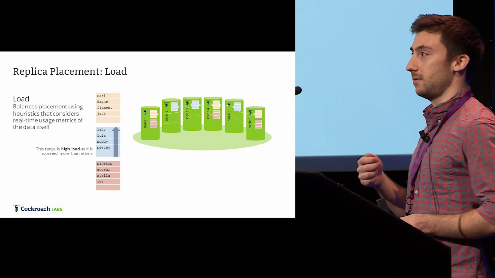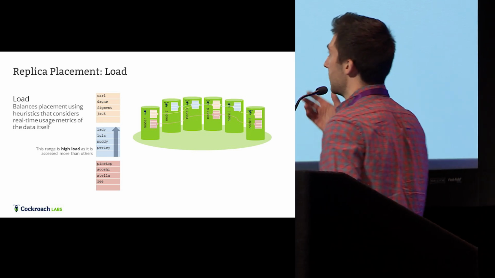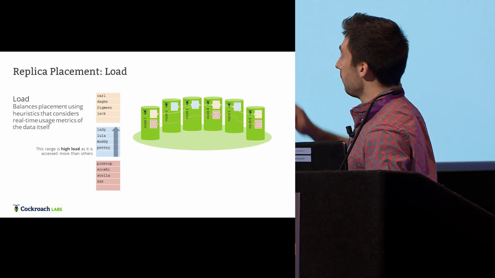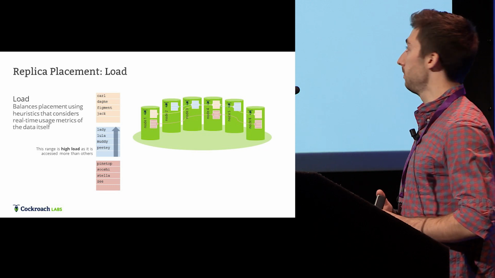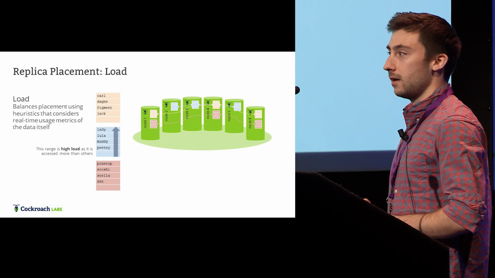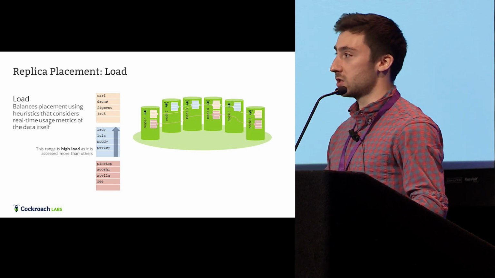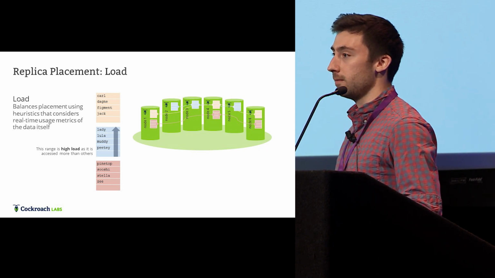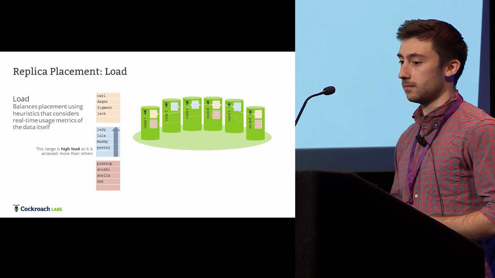Unfortunately, load isn't evenly distributed across the key space either. For instance, in this slide, the blue range here has a lot higher load than the rest of the key space. And we see this in practice all over the place. Customers often have reference tables that are accessed on every single query. And those tables end up being a lot hotter than the rest of the system.